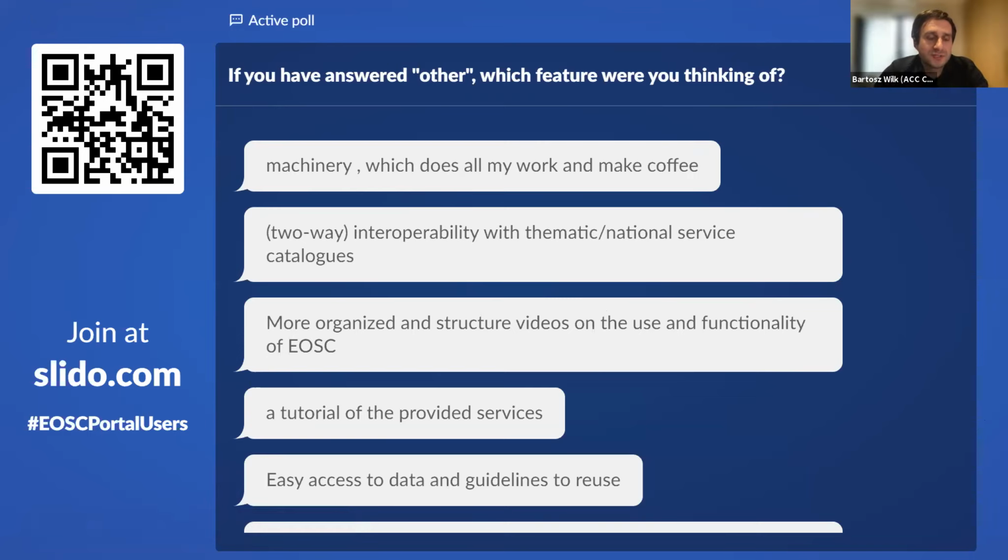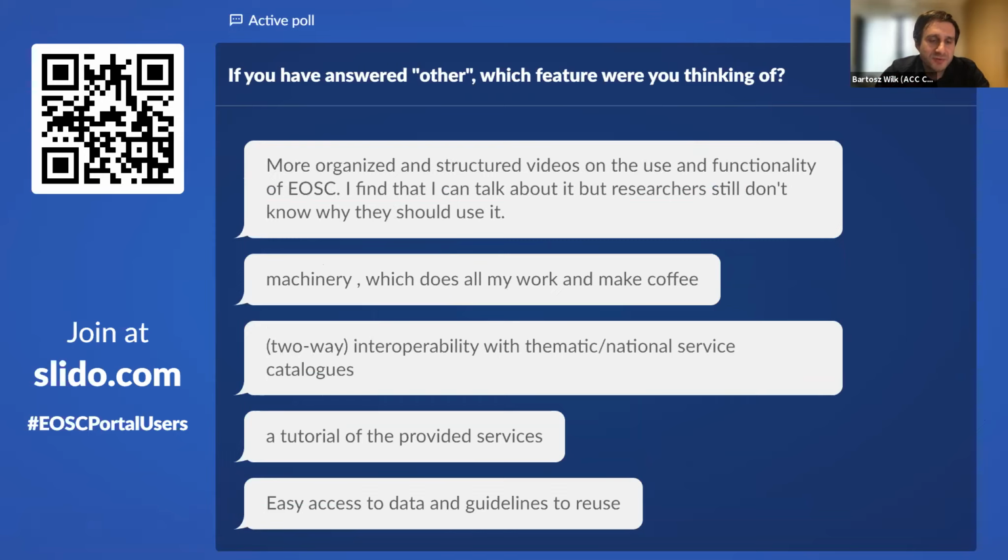Thank you for all your answers. I feel that we gained some really valuable knowledge today, especially about the coffee machines and the preferences between coffee and tea. All the other input relevant to the EOSC portal will of course be taken into account when we are approaching the design process.